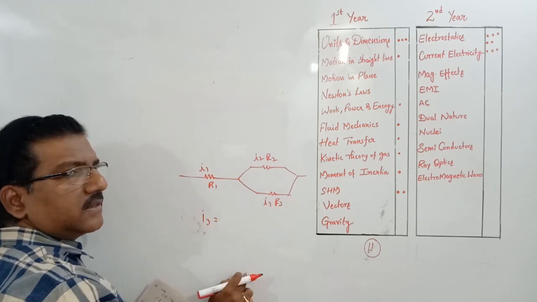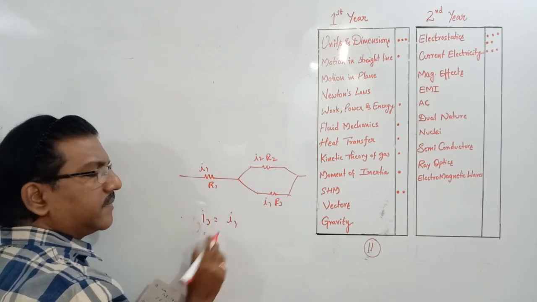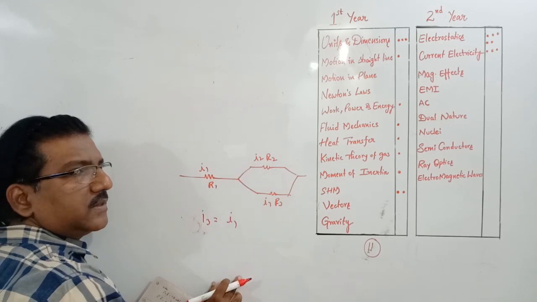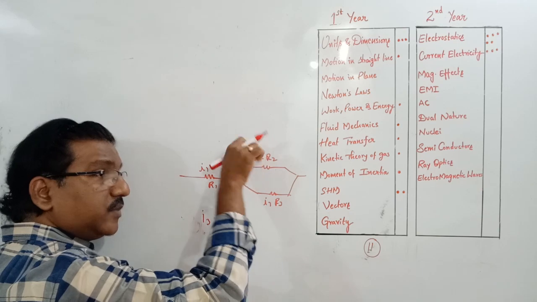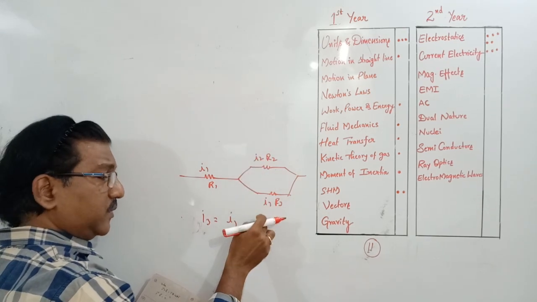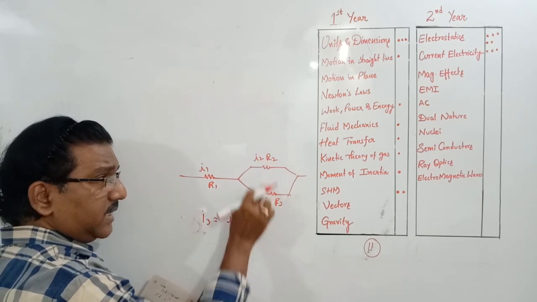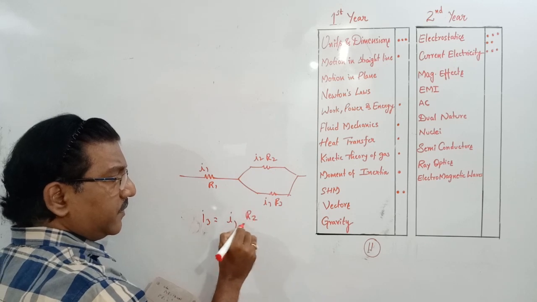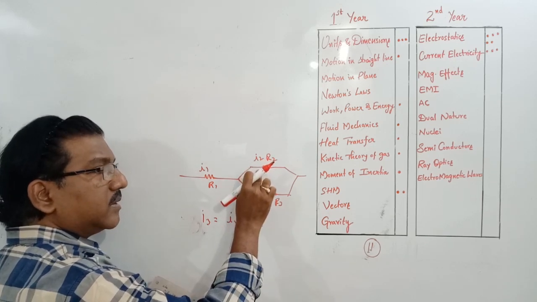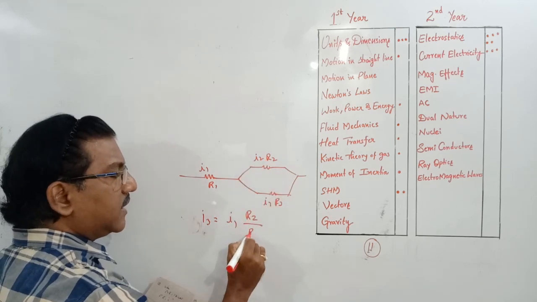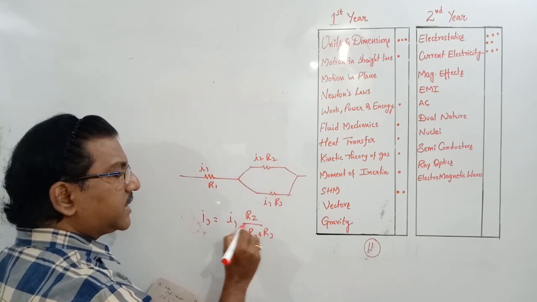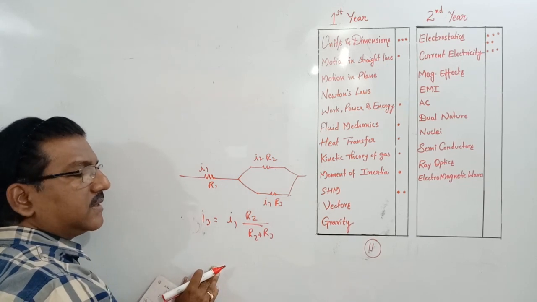I want current. It comes as I1 and later distributes according to the inverse. If resistance is more, current is less. Whatever the I3 is depends upon R2. It allows more here, less here. R2 by R2 plus R3, the fraction we have taken into consideration.